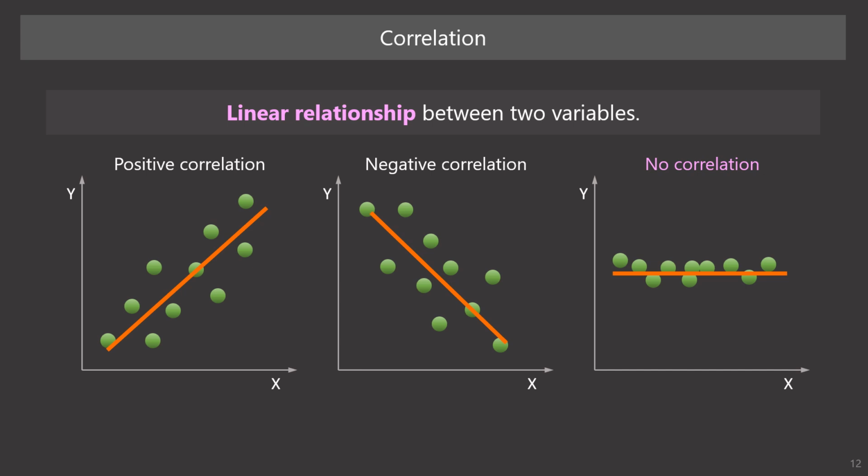A straight line can approximate the relationship, but the two variables are not related in the same direction or opposite direction. In this case, y's values are the same even when x's values change. It means that y's value is not related to x's value. So, in such a case, we should say that x and y are not correlated, or there's no correlation between x and y.